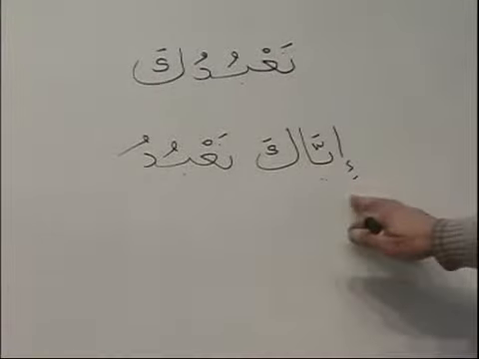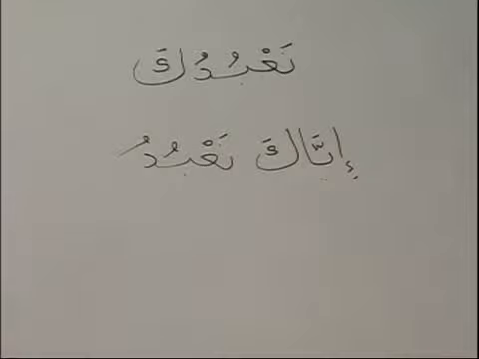Now, I can make 14 out of that. Are you with me? Let us do the 14 now. Iyahu, iyahuma, iyahum, iyaha, iyahuma, iyahunna, iyaka, iyakuma, iyakum, iyaki, iyakuma, iyakunna. Iya. What is it? Iya.